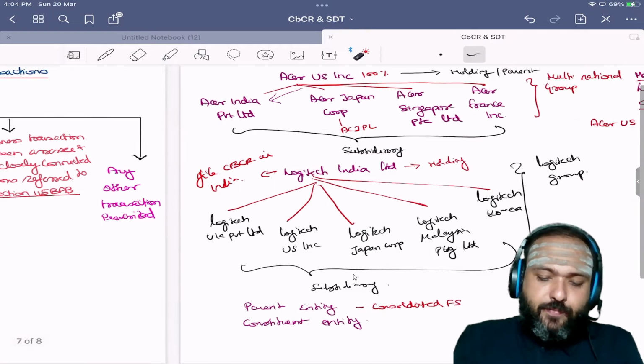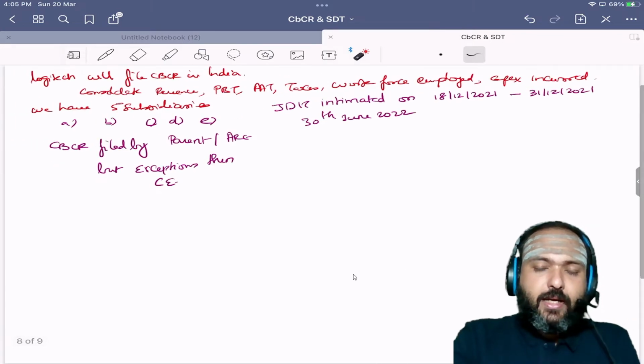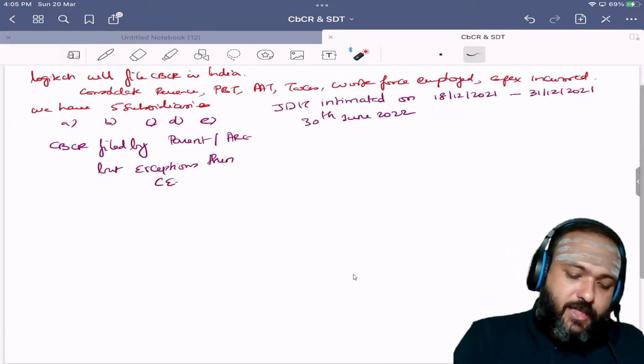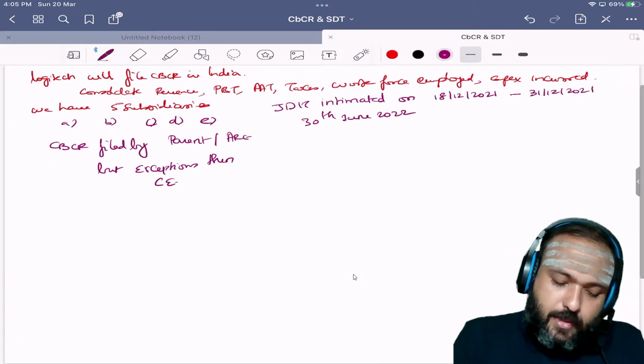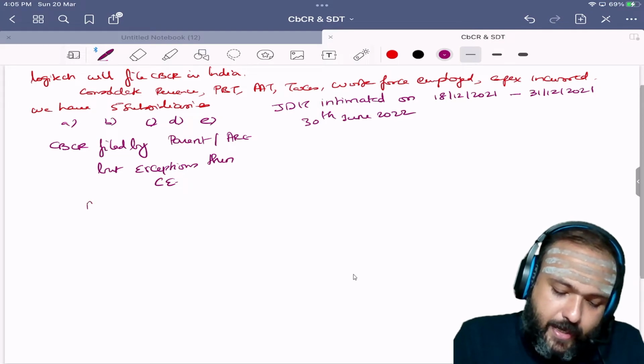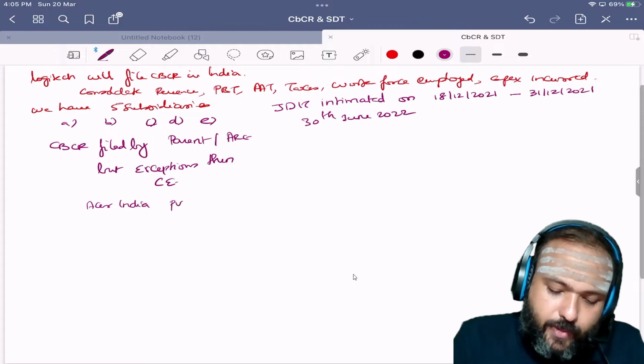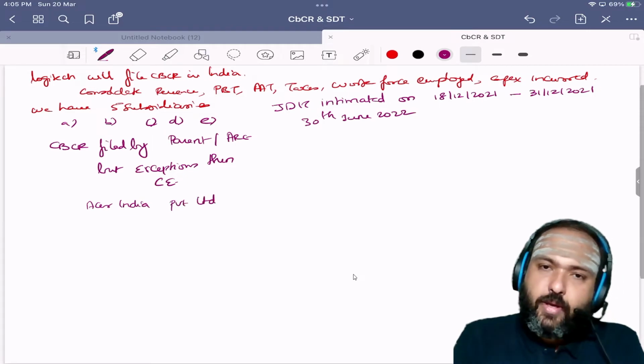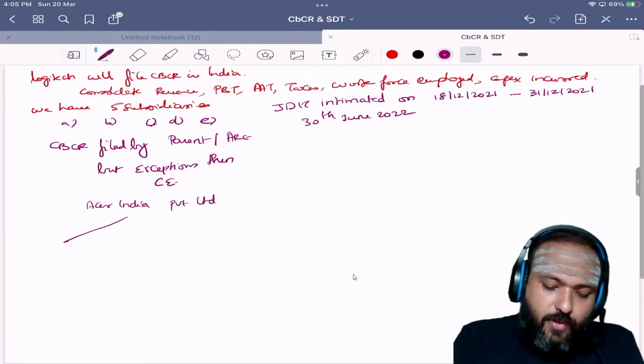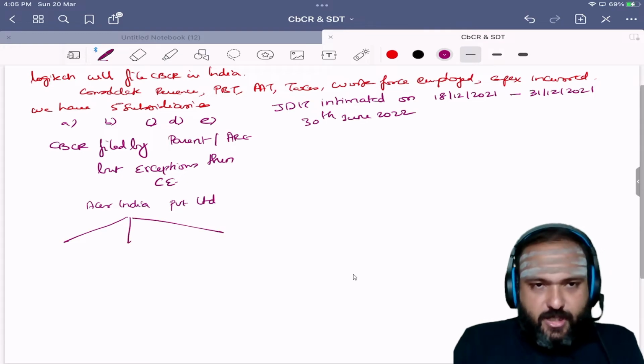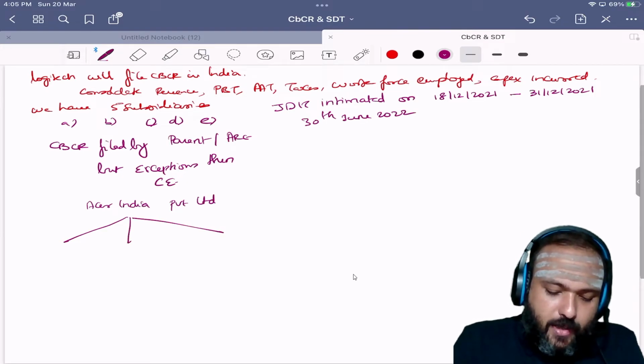Then what happened? People started doing certain transactions like this. Now let us take Acer India Private Limited. Okay, there are three units. One unit is located in Bangalore.